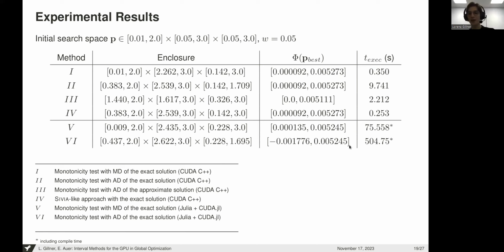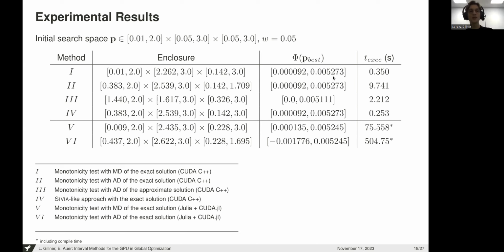I have to say the execution times for our little programs here are, for Julia, they include the compile time, which I will explain shortly. And we can see in all cases the resulting enclosure of suitable boxes has been reduced compared to the initial search space.